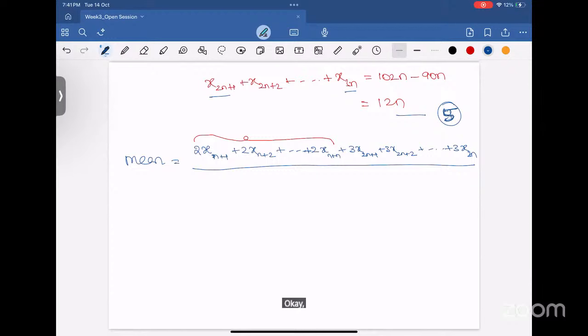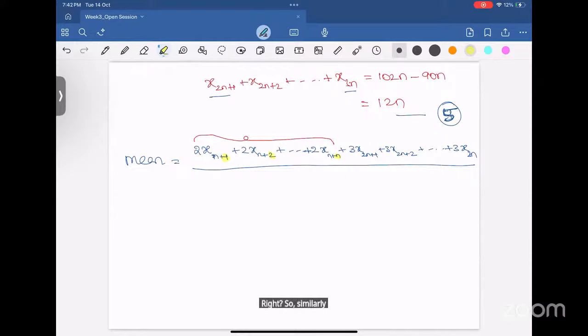Drop this n if you are confused. See n plus 1, n plus 2 till n plus n. Starting from plus 1 till plus n, so 1, 2, 3, 4, 5, 6, 7 till n. How many will be there? n, right? Think of plus 1 as the first data point, plus 2 as the second, plus 3 as the third, and so on, and plus n as the nth.